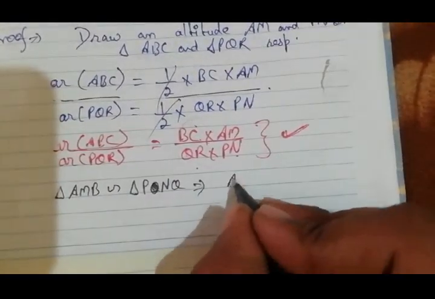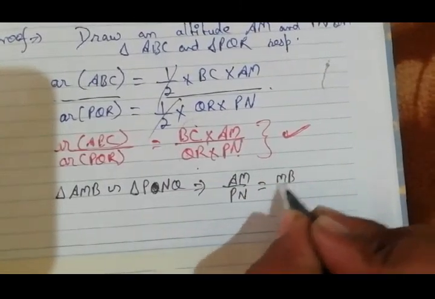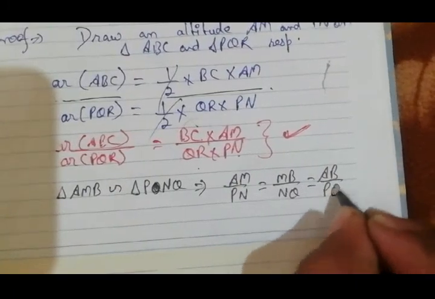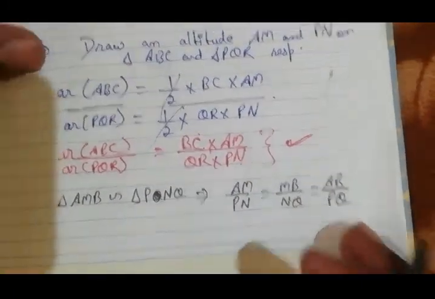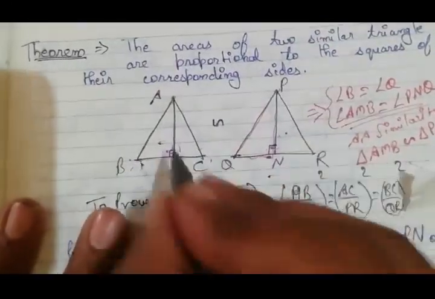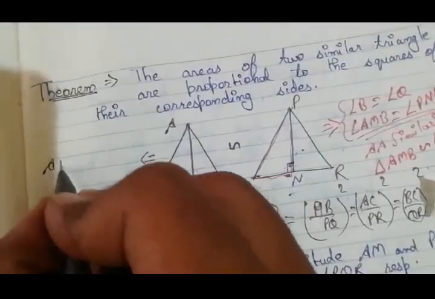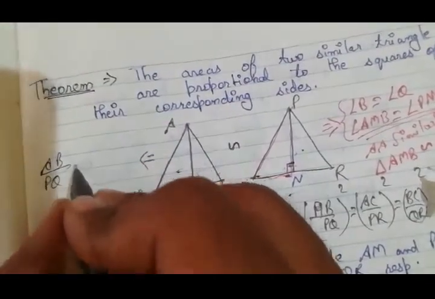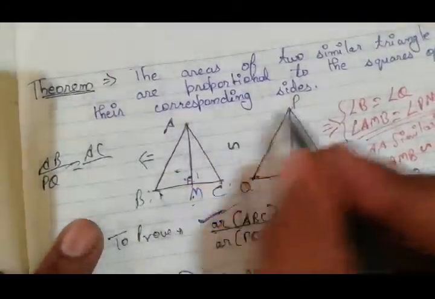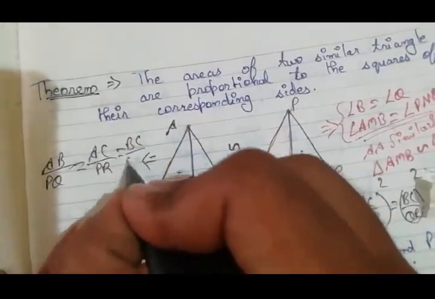So by that we can write AM upon PN is equal to MB upon NQ is equal to AB upon PQ. Okay, but look, these two triangles are similar. If these two triangles are similar, we can say that AB upon PQ is equal to AC upon PR is equal to BC upon QR.